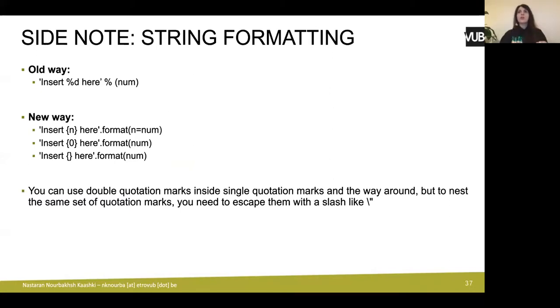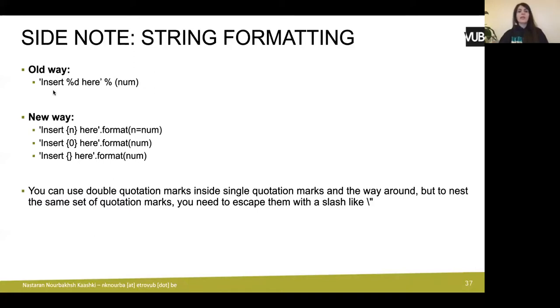During your programming, you can just go to the Python documentation to learn more about these string formattings. But the most important thing that you should know is in these two slides.